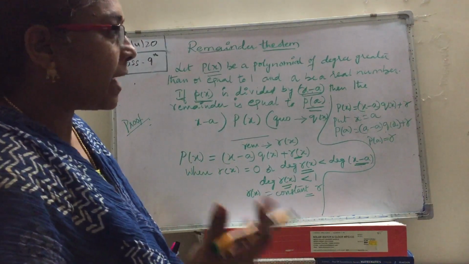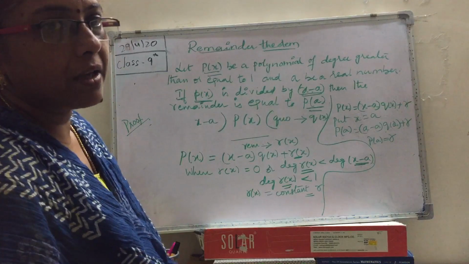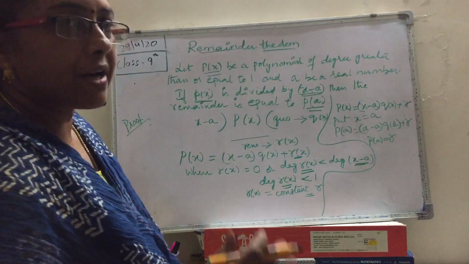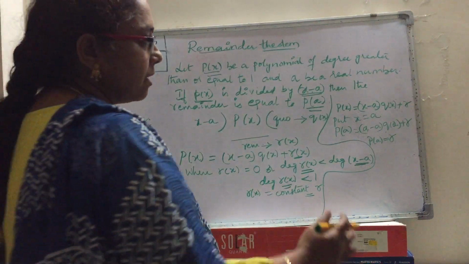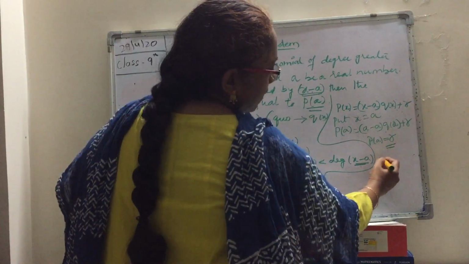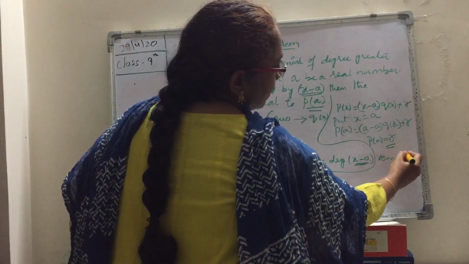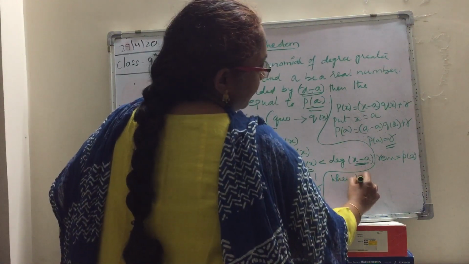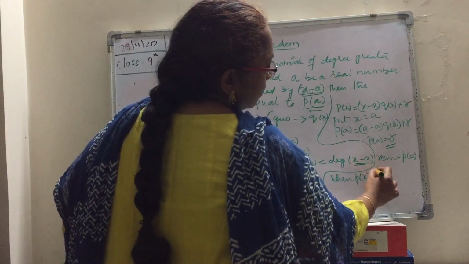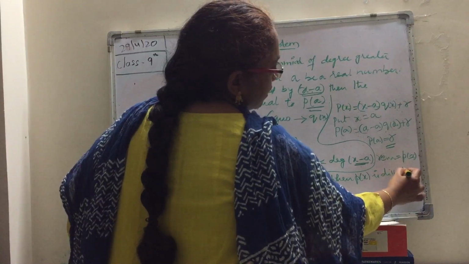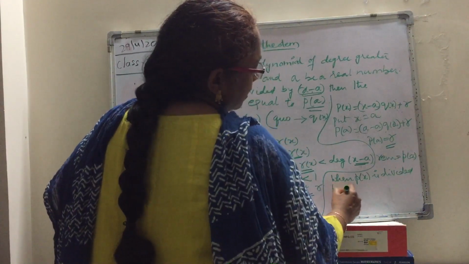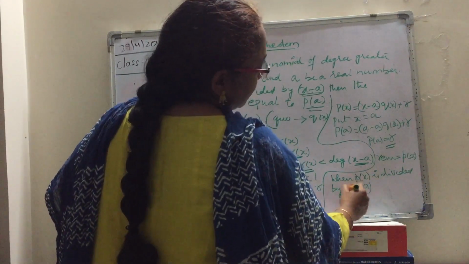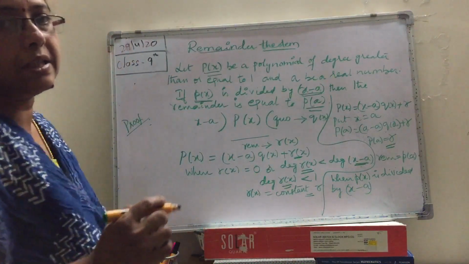Which means the remainder is P of a when P of x is divided by x minus a. So this is the remainder theorem.